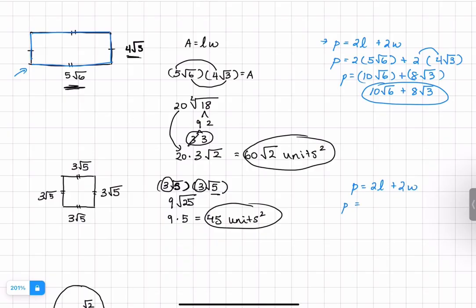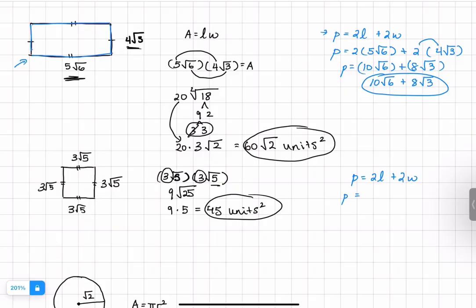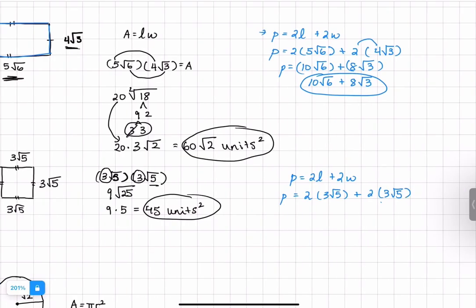The length and the width are the same, so P equals 2 times 3 root 5 plus 2 times 3 root 5. Multiplying the outsides with themselves, 2 times 3 is 6 root 5 plus 6 root 5.